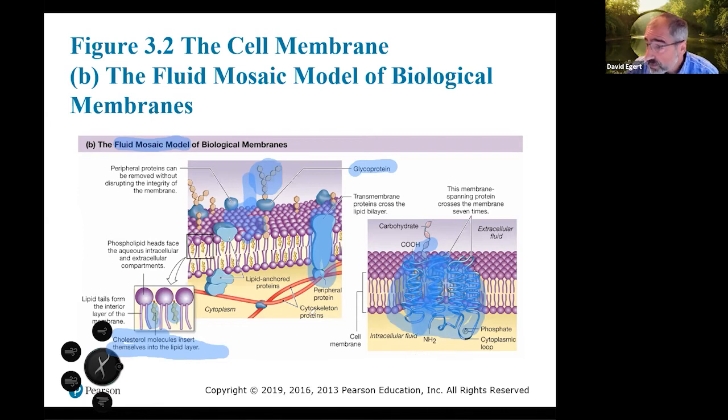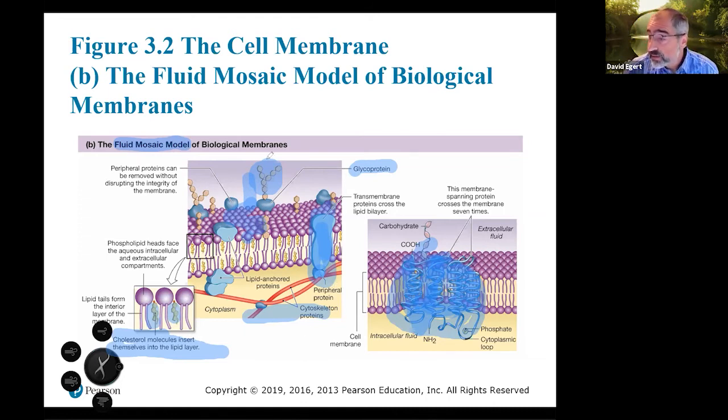Sometimes the proteins are anchored. For certain cells, like your epithelial cells, it's important that the apical side of the cell has different kinds of proteins compared to the basal side. So sometimes you actually do anchor the proteins and keep them on one part of the membrane or another. Other times they're just loose to migrate in the more fluid mosaic model.